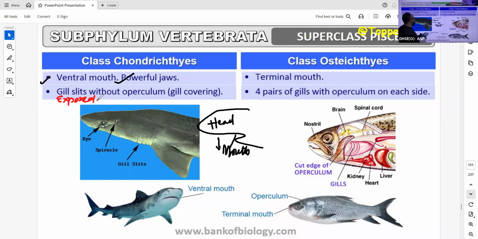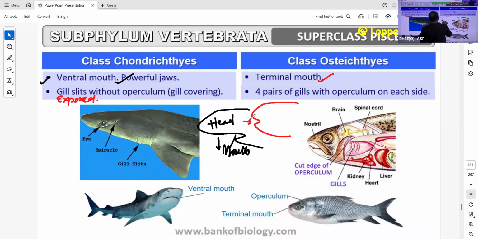Now come to the osteichthyes part. इसमें terminal mouth है, means the mouth is placed in the anterior section. ध्यान दो, समझ में आएगा. Like this.